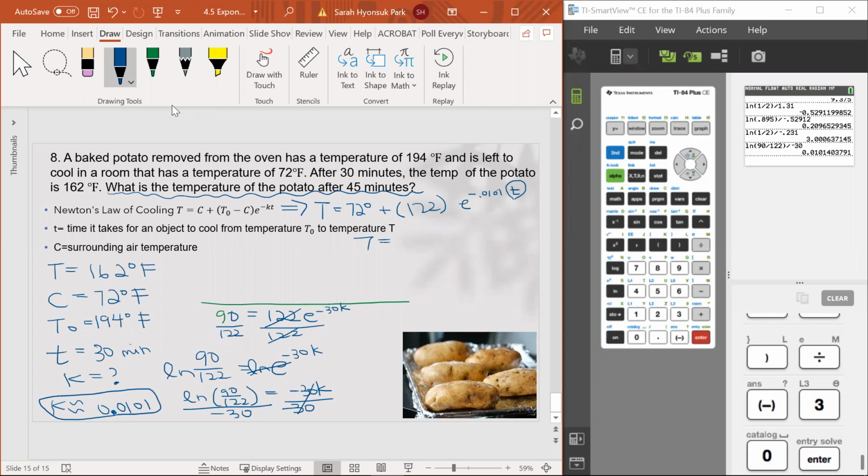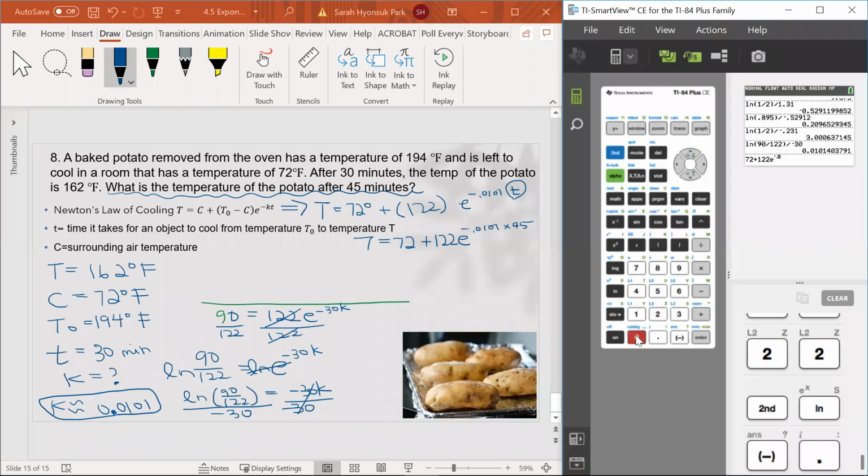Okay, T equals 72 plus 122e to the negative 0.0101 times 45 minutes. So we're expecting a cooler temperature, right below 162. And so it is cooler, around 149. Let's do 1 decimal place, so 149.4 degrees Fahrenheit.